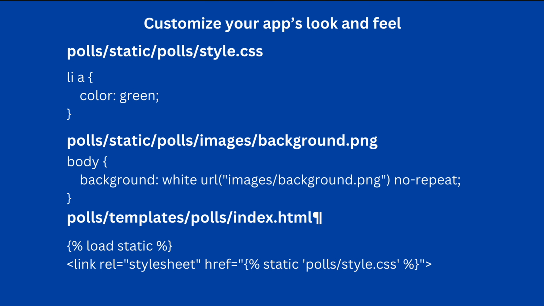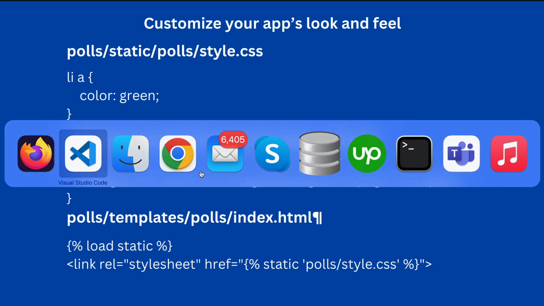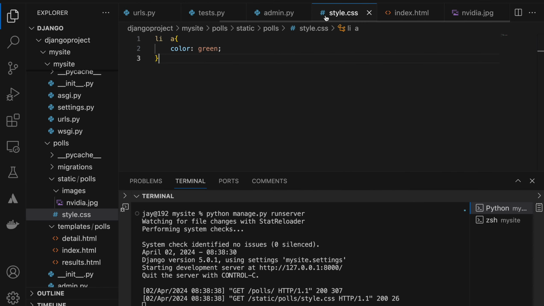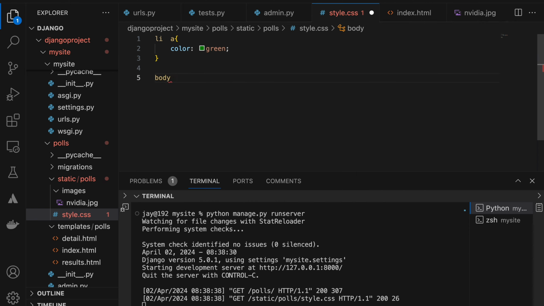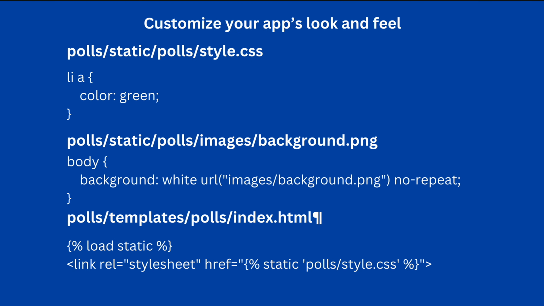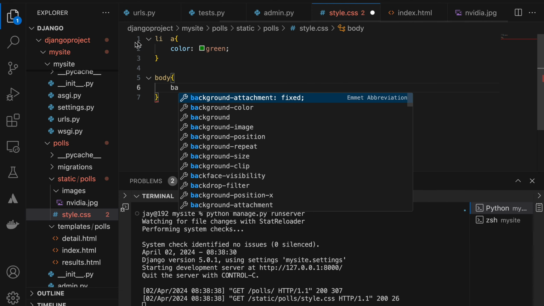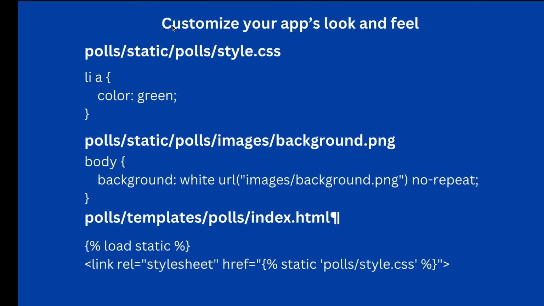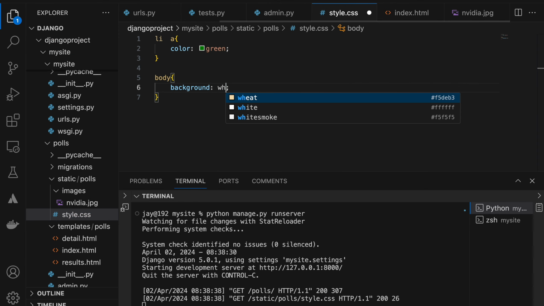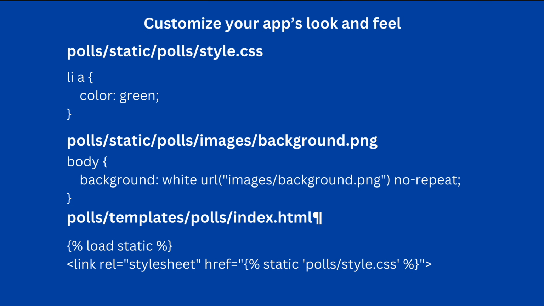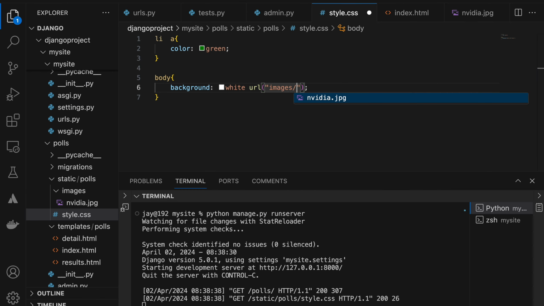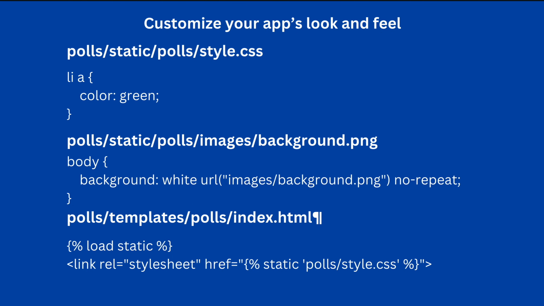Then in my CSS, I can write like this: body. This was my style.css. I can write here body, background, then url, images/nvidia.jpg, right?